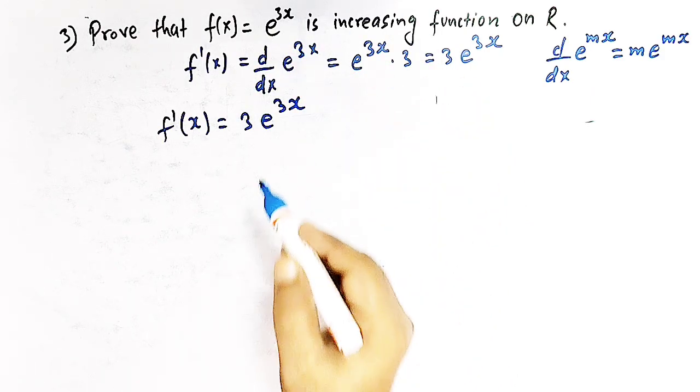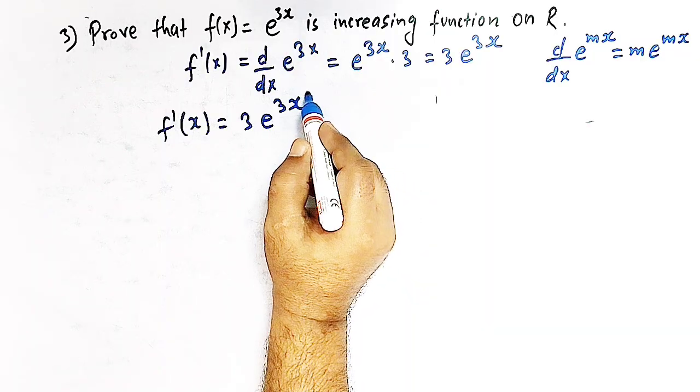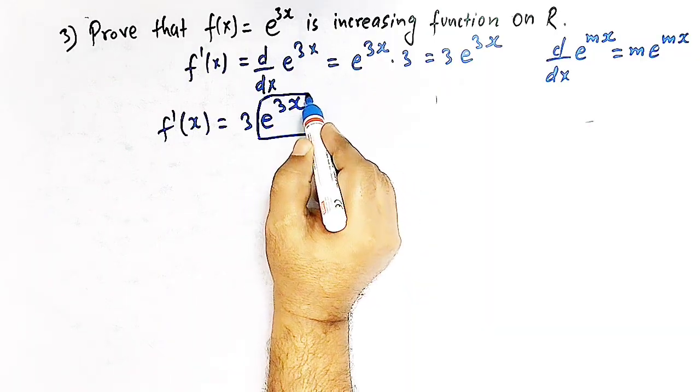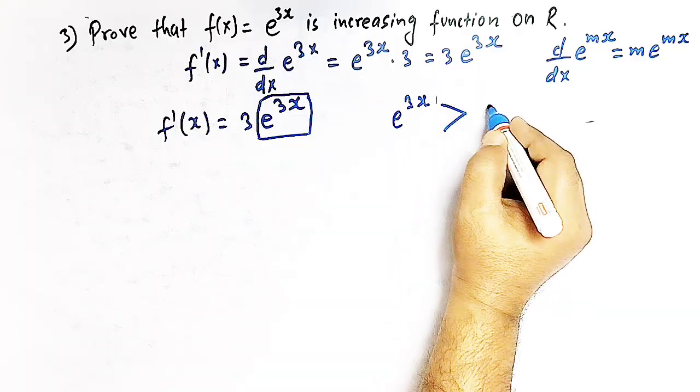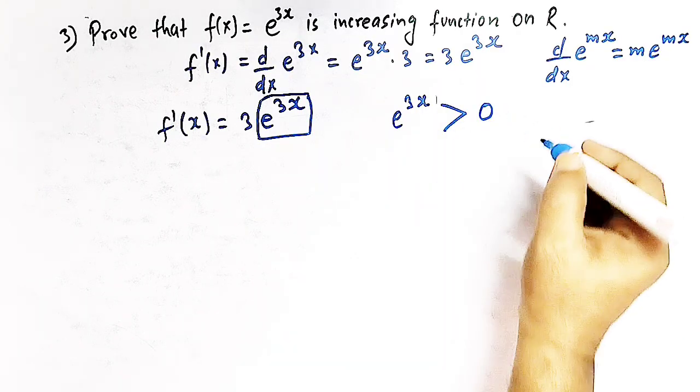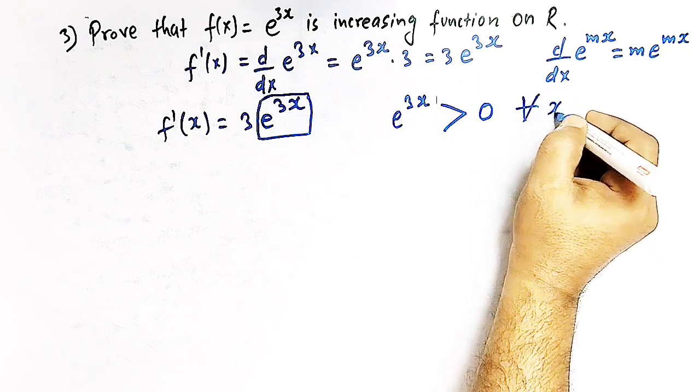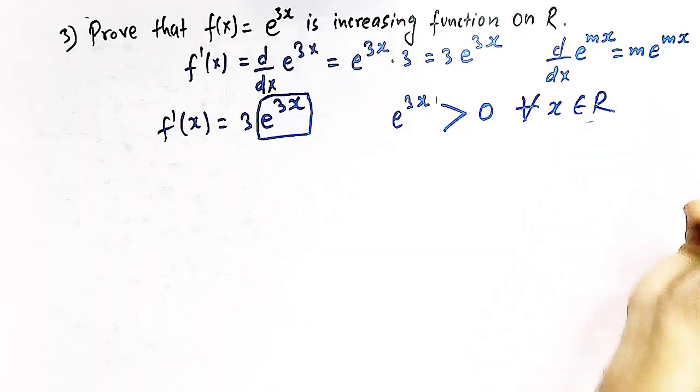From the definition of exponential function, we know that 3 times e raised to 3x is always going to be greater than 0 for all x belonging to R, right?